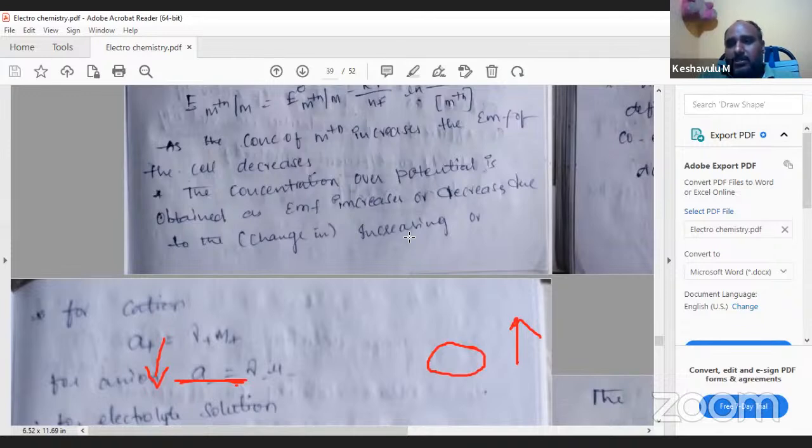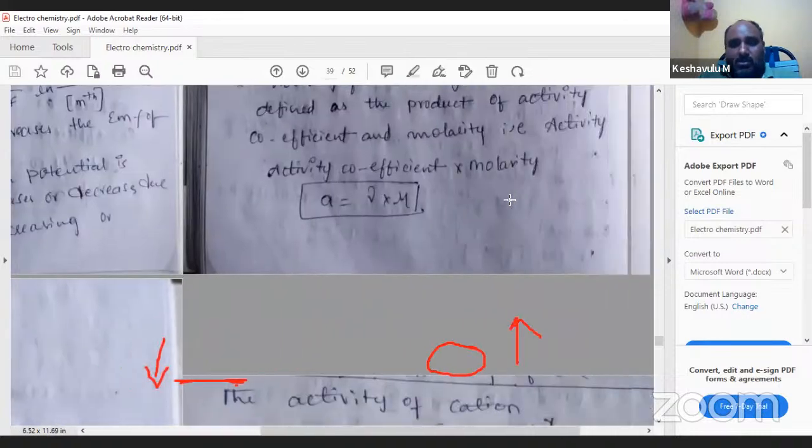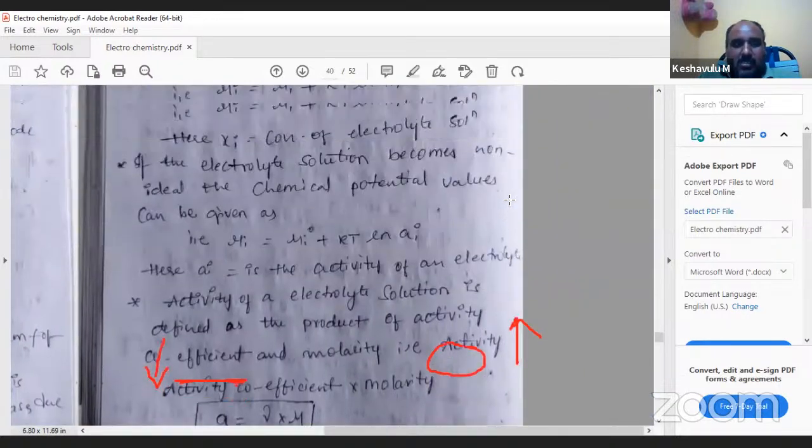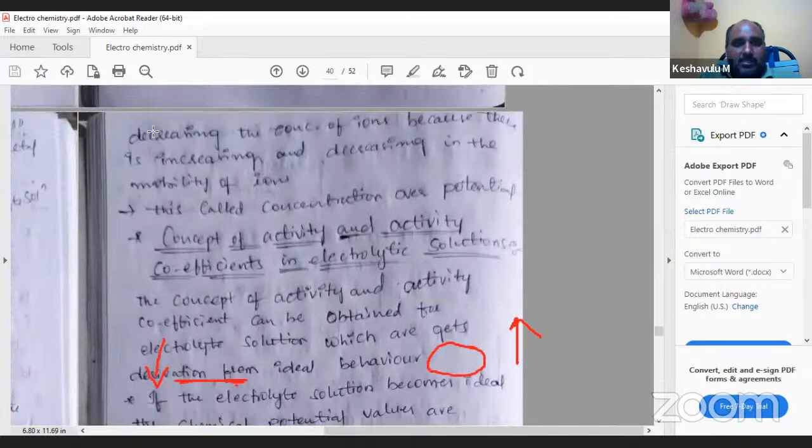Sometimes the metal ion concentration increases and the EMF increases; if the metal ion concentration decreases, the EMF may still increase. The difference between these may be considered the concentration overpotential, whether the metal is involved in oxidation or in reduction.